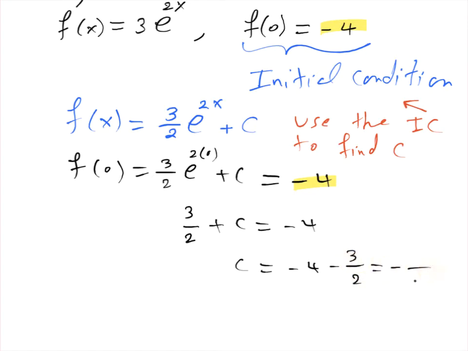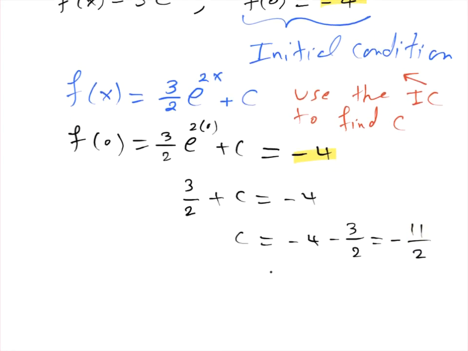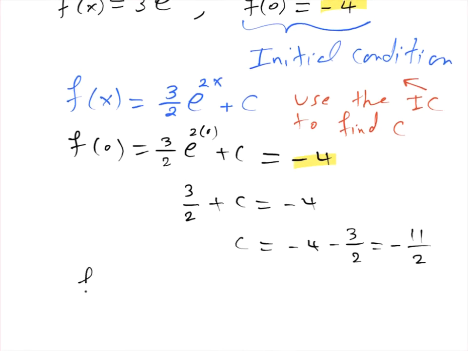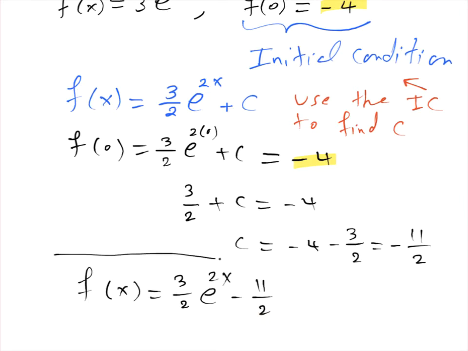The common denominator is 2, so you get -8 halves and -3 halves, that would be -11 halves. That's the value of c. So the final answer is f of x equals 3 halves e to the 2x plus c, which is -11 halves. And that is the solution to the above initial value problem.